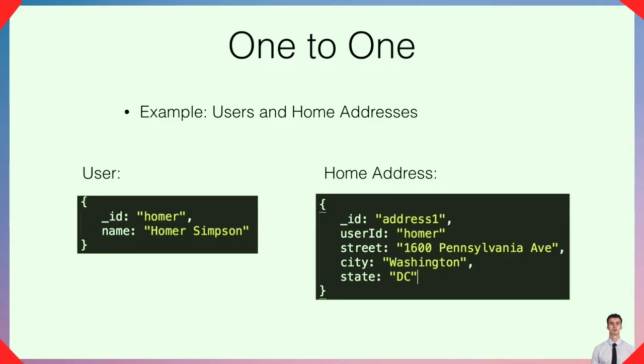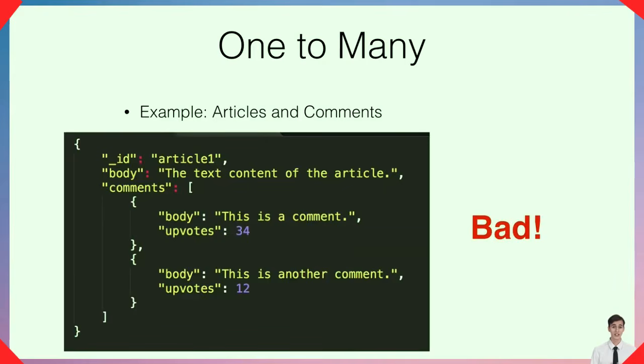So here in the address, I've defined user ID is Homer, and that links this address to this user. So if I, for example, was looking at this user and I want to find his address, I would do db.addresses.find, where user ID is equal to Homer. So that's pretty straightforward, and you don't need to overthink one-to-one relationships.